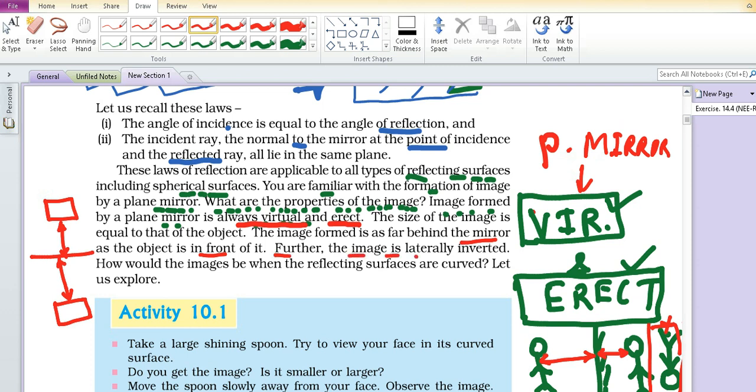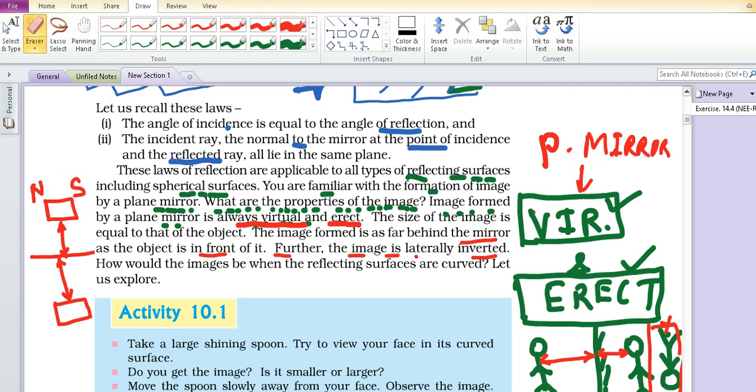Further, the image is laterally inverted. Laterally inverted होता है means यदि मान लीजिए इधर नॉर्थ लिखा, N लिखा, इधर साउथ लिखा, इधर आपको S दिखेगा. एक मिनट.